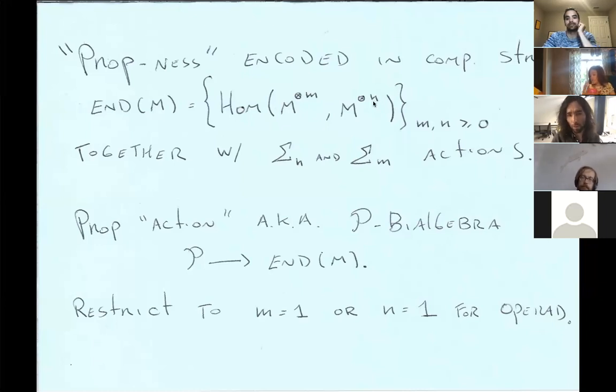So if we look at the structure that we will get, if we were to fix, say, N to be equal to 1, then we'll have maps with multiple inputs to a single output. That will be an example of an operad. The compositional structure and the induced symmetric action, or the restriction of the symmetric action, is what we will be considering. And on the other hand, if we set M equal to 1, then that will be another example: one input into multiple outputs.